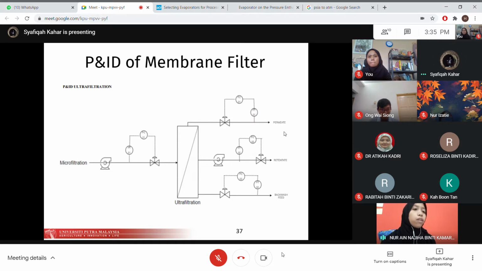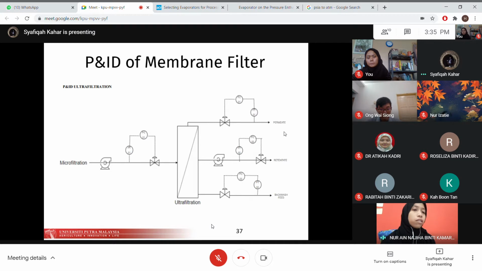And then the diaphragm valve is used to monitor the pressure to ensure that the membrane filter works continuously in an optimal condition, and to ensure that the flow of the stream is at optimal operating pressure by controlling the pressure. And then the diaphragm valve is controlled by a pressure controller, and pressure transmitter is used to transfer signal to the pressure controller to control the inlet pressure.